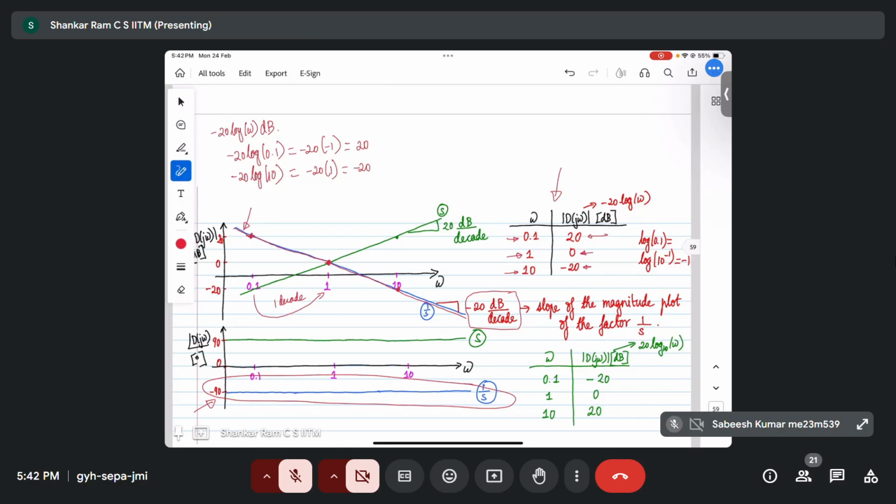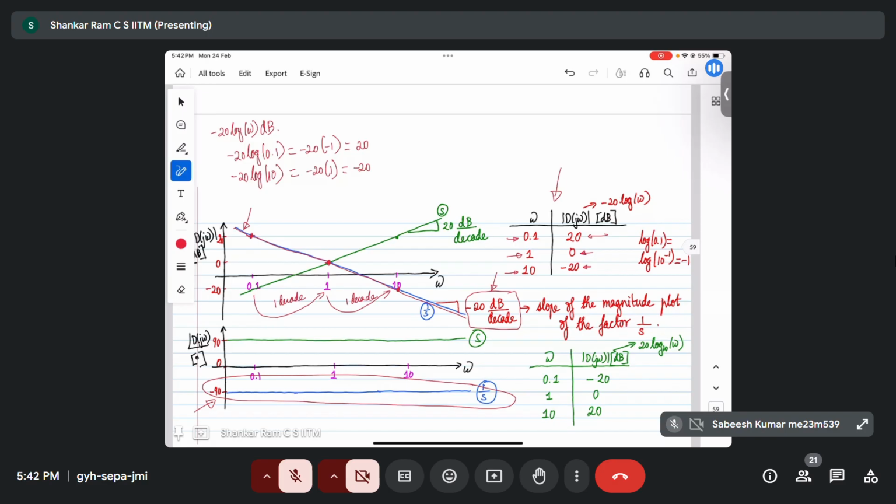That is why it's minus 20. Similarly, if we go from 1 to 10, this is another decay of 20 decibels. The slope of the log magnitude curve of 1 by s is minus 20 decibels per decade. Is it clear?